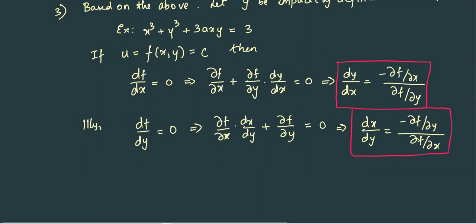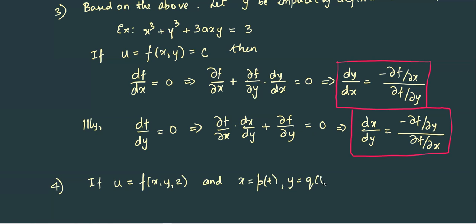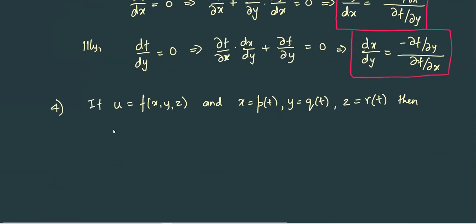And next, total derivatives. Now extension, suppose we have, if u is a function of x, y, and z, and x is a function of t, y is a function of t, and z is a function of t, then again, what will be the total derivative?